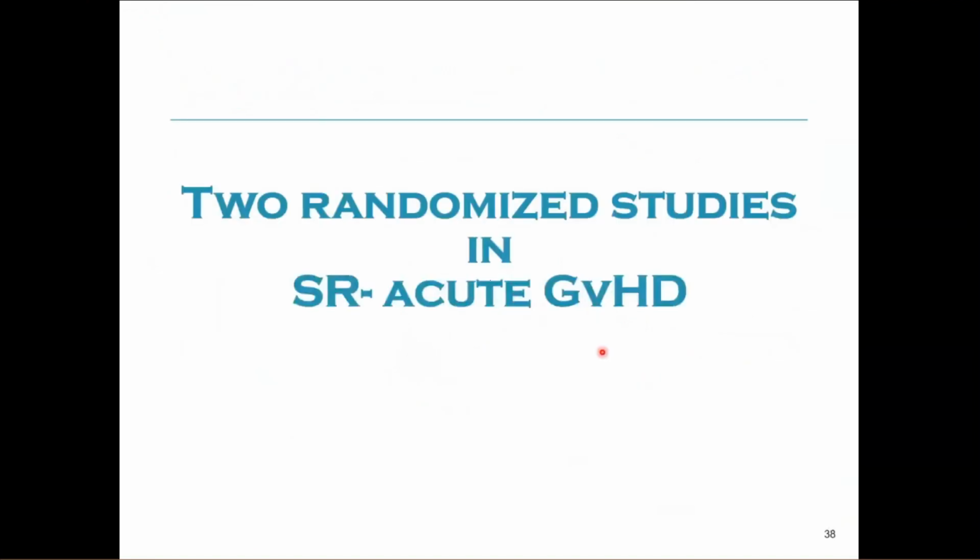So what other agents may we use in steroid refractory acute GVHD besides ruxolitinib? There are only 2 randomized studies.